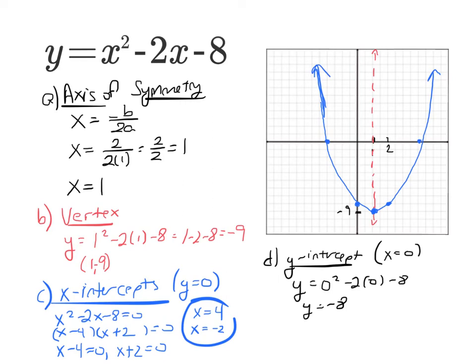We're going to remember to label with the equation. Make sure you have arrows and that your axes are labeled. Make sure there's some indication of a scale on your x-axis and your y-axis, and then you're done.